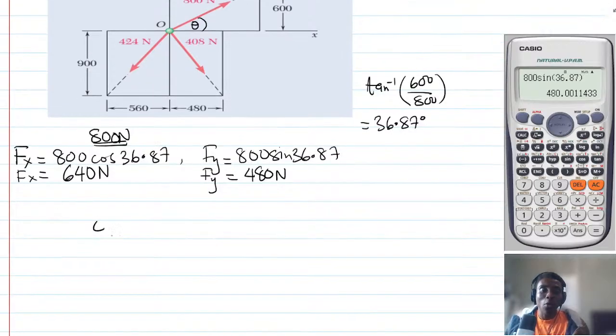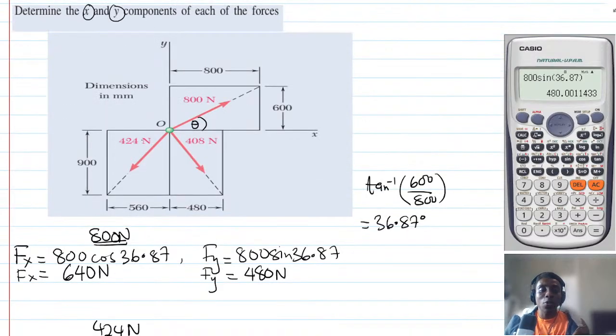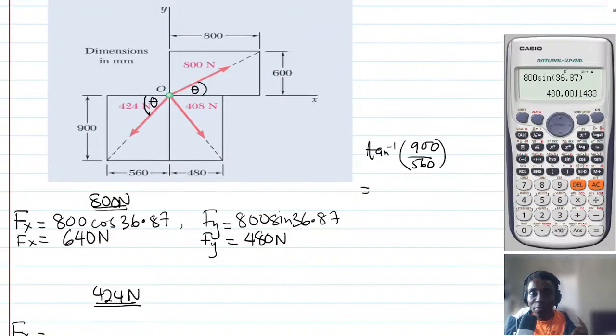Okay. So yeah. So that is it. Now 424 newtons. So simply put, if you look at this force, the angle here, again, so tan inverse of 900 over 560. So tan inverse of 900 over 560.